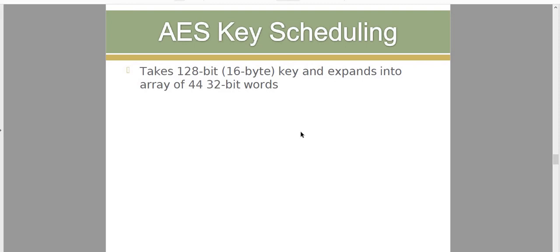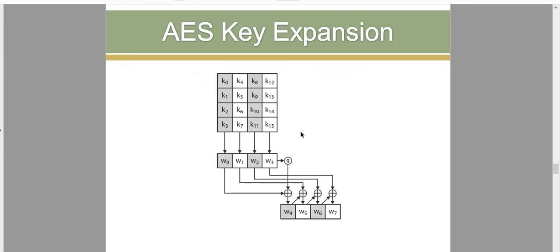So AES key scheduling takes a 128-bit, which is a 16-byte key, and expands it into an array of 44 32-bit words, where we can see word 0, word 1, word 2, word 3, where g is a function.